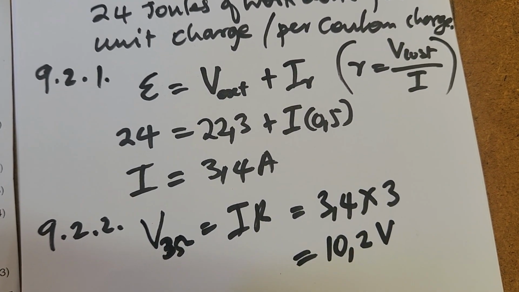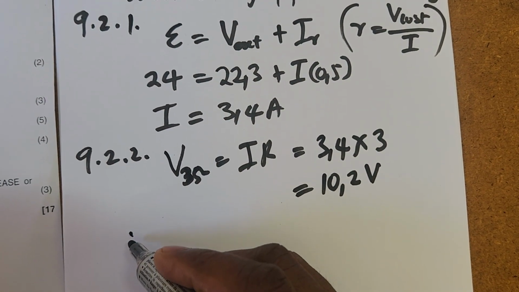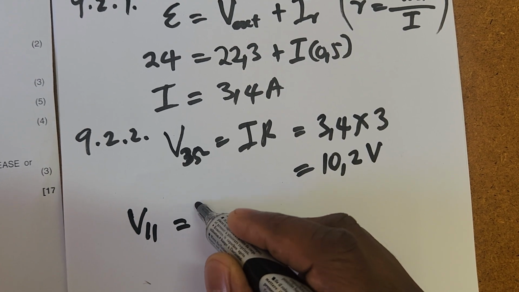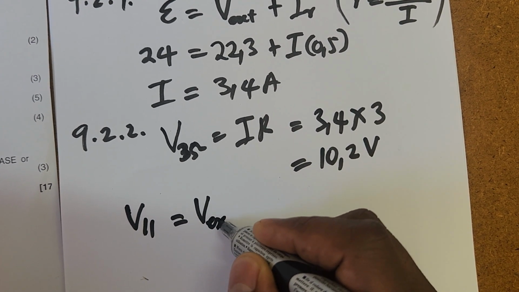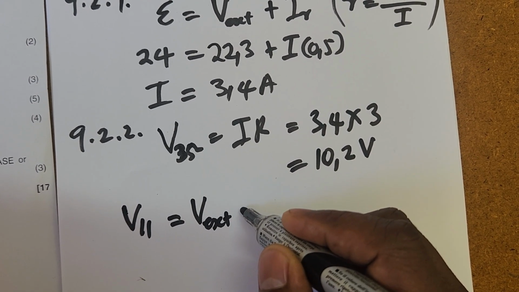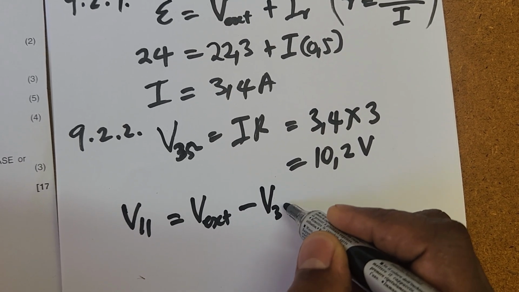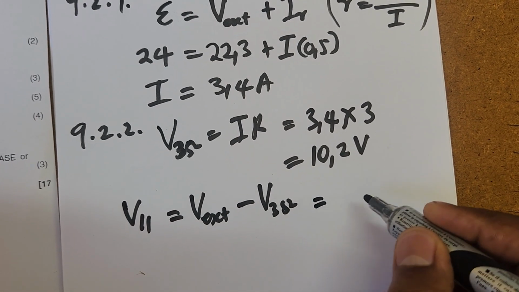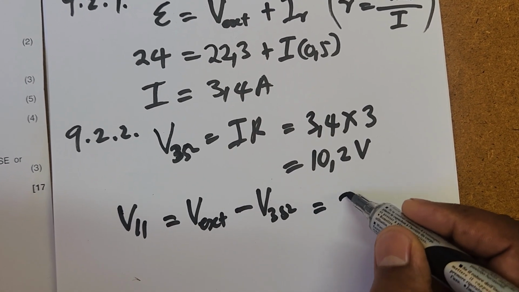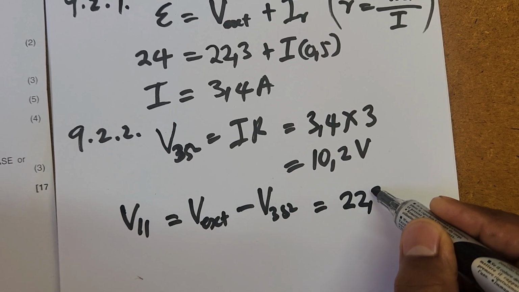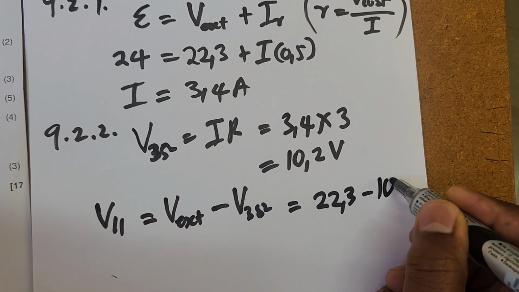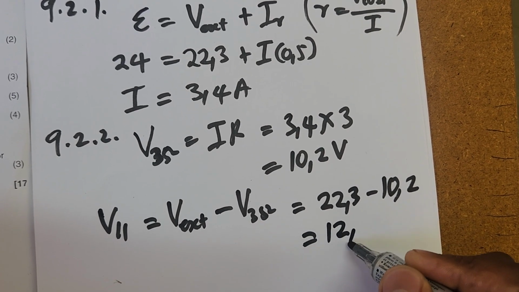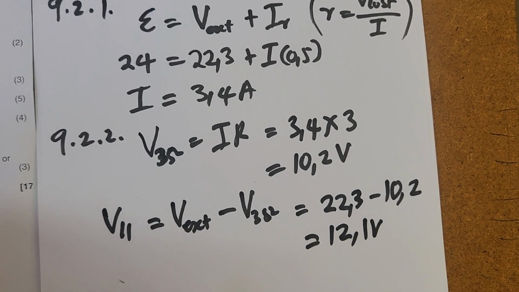Now we need the voltage across the parallel, remember. Therefore the voltage across the parallel will be the V external, which is the total voltage of the external circuit, minus the voltage across the 3 ohm. This will give us 22.3 minus 10.2. Therefore the answer will give us 12.1 volts.